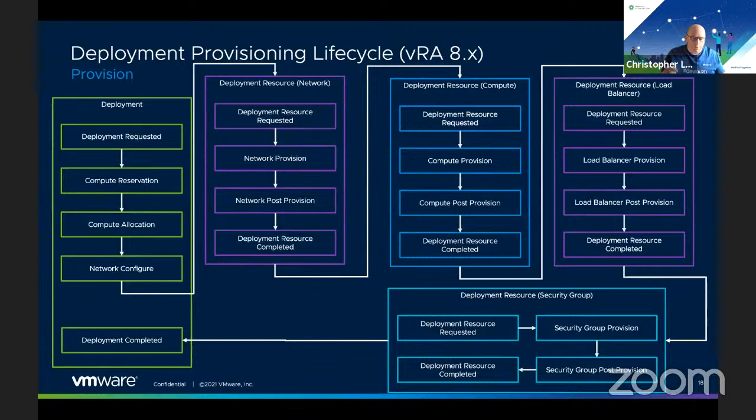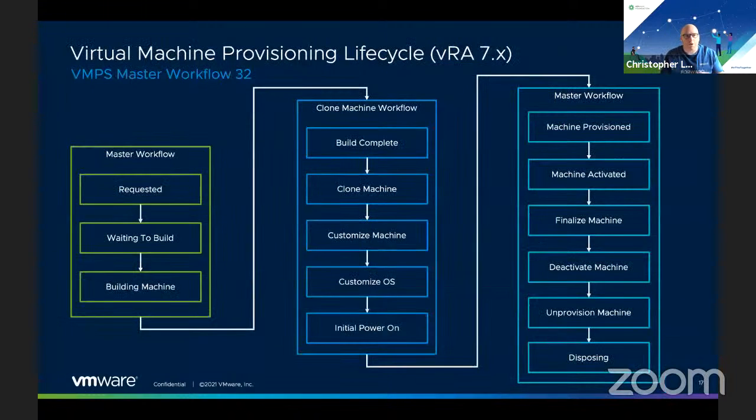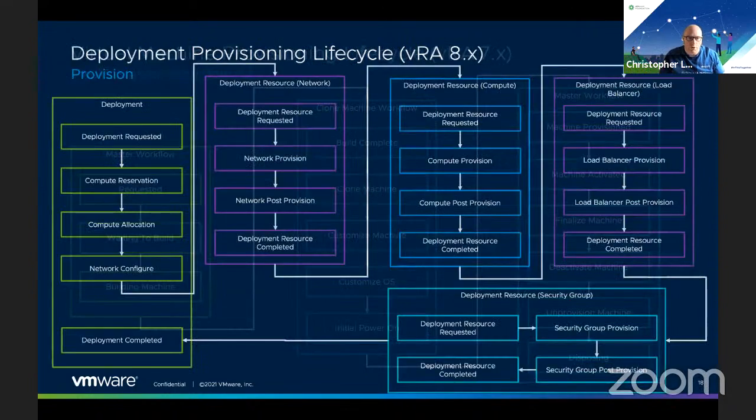So in the previous slide, if you wanted to do something around networks or security or load balancers, that would all have to happen within this virtual machine deployment. You couldn't say, well, if I'm going to create a load balancer, go and do something. It would be, well, before I deploy the machine, and I know that load balancer has been created, then go and do something. So it was very difficult to do things around load balancing and networks and security groups.